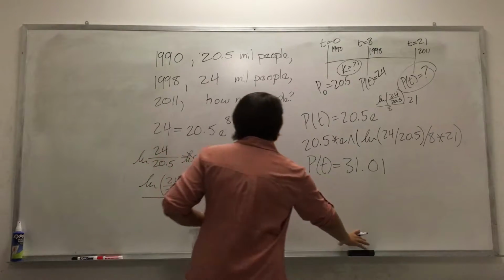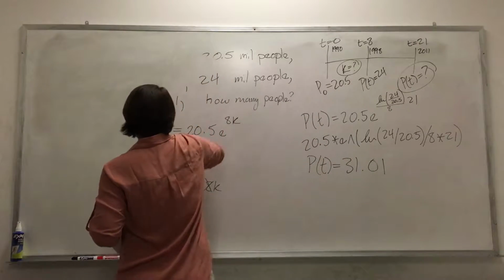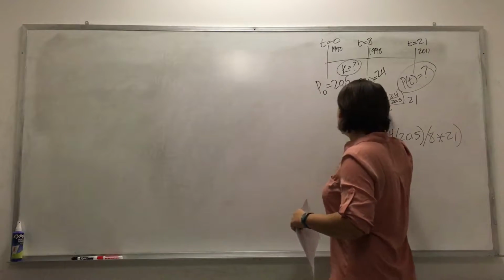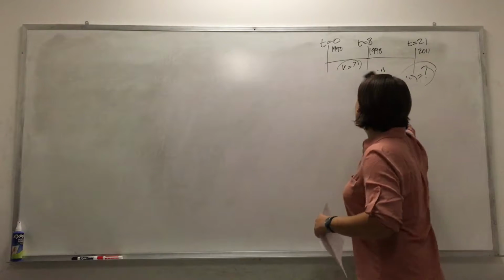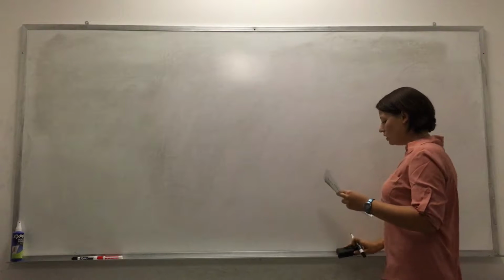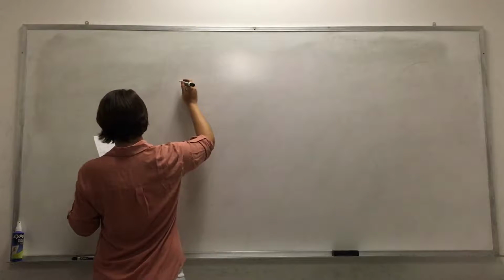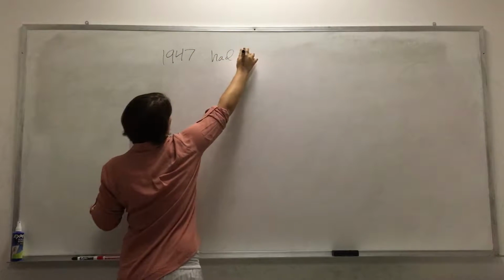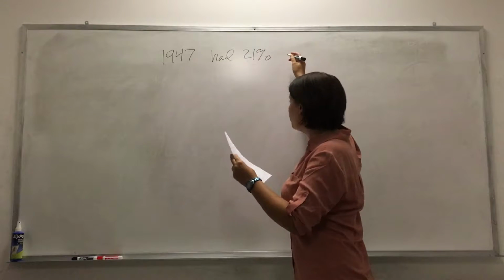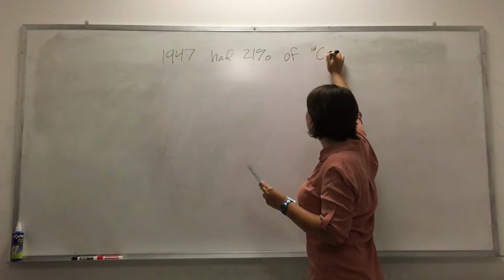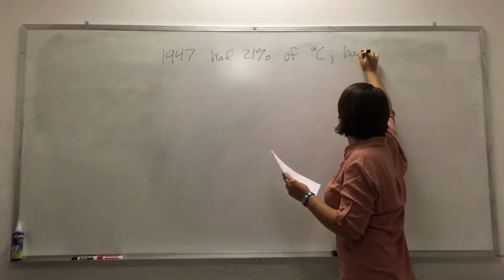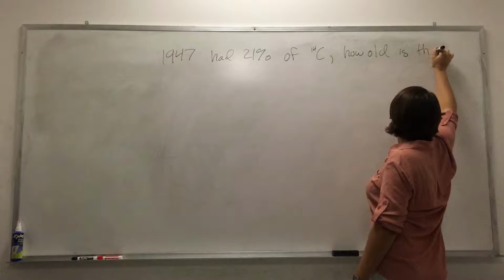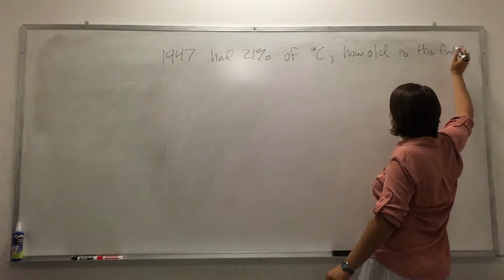the other type of problem that we can see that can be a little bit different than this one is if they don't give us numbers like this, they give us maybe percentages instead. So if they tell us in 1947 we had 21% of the C14, how old is the find, like the archaeological find?